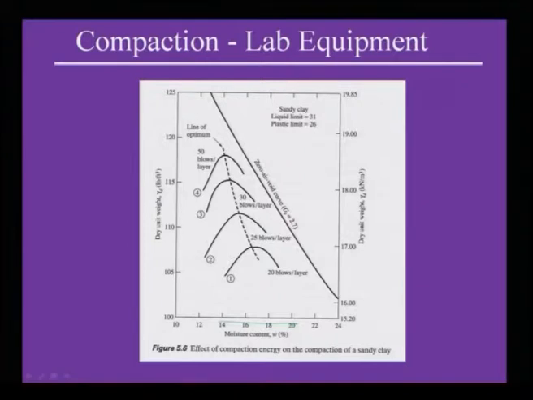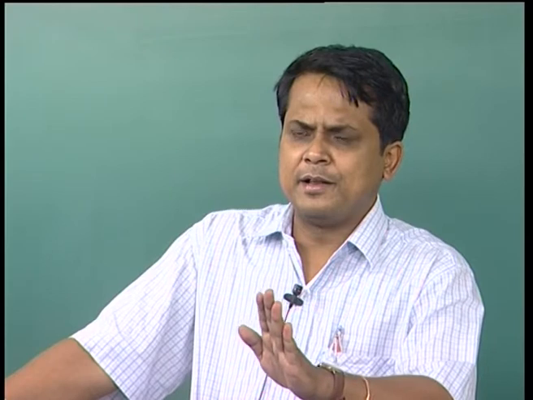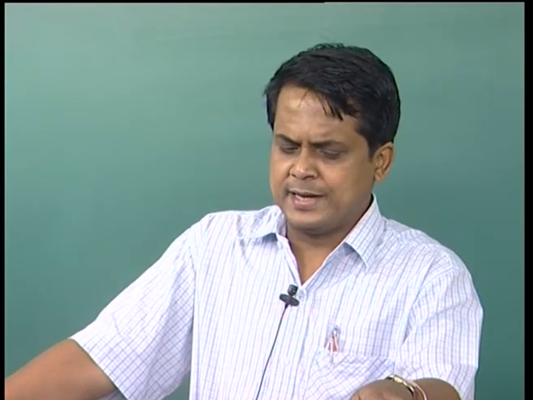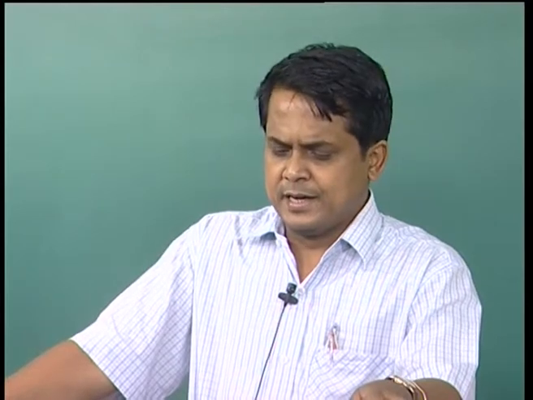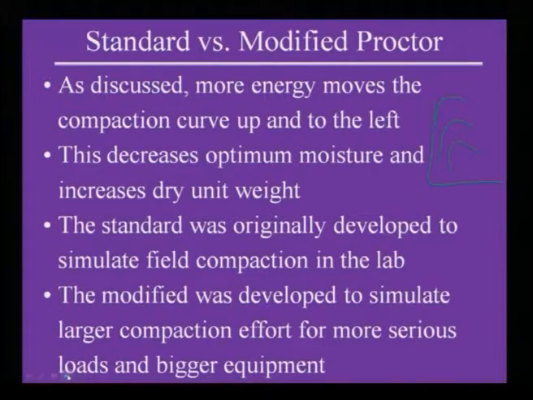More energy, that means the compaction curve is moving up, and also shifted slightly towards the left. This decreases optimum moisture content. Once you apply more energy, it moves towards the left, that means optimum moisture content decreases and the dry unit weight increases.